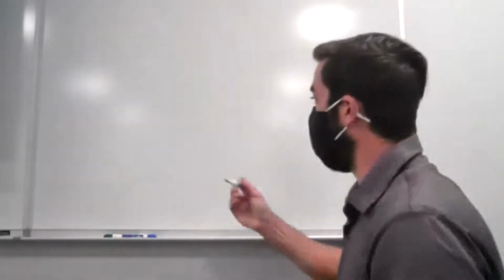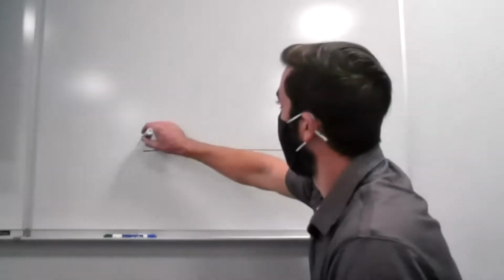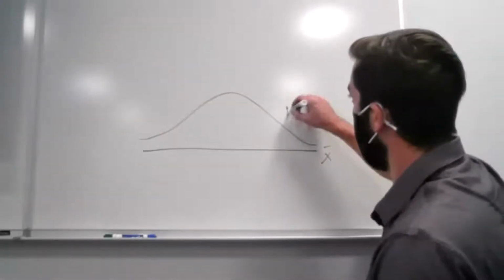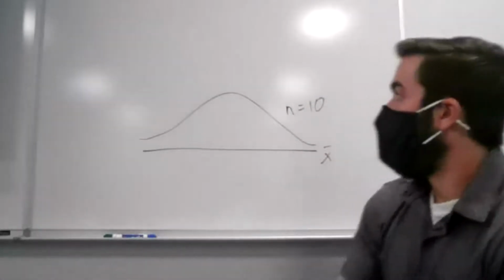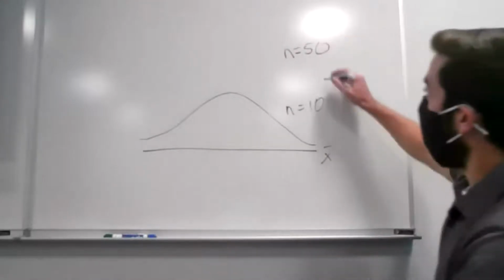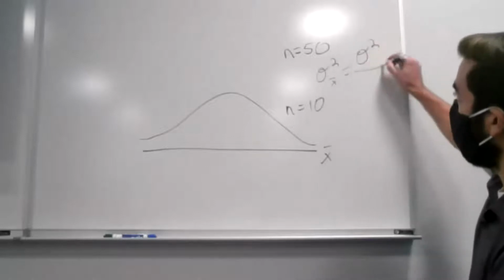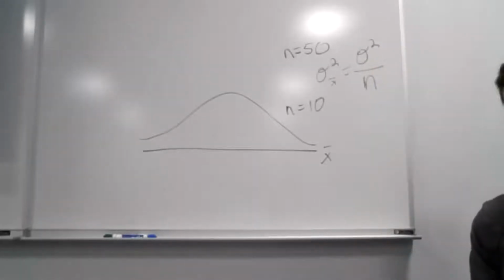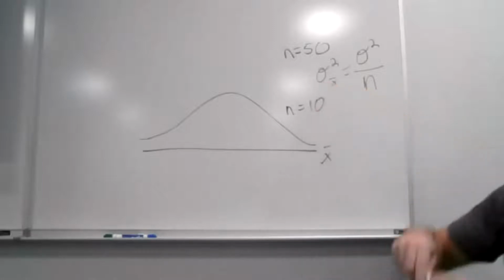Let's say I'm looking at a distribution of sample means. Let's say I take samples of size 10. If I take samples of size 50, because the variance of my sample means is the original variance of the data I sampled from over the sample size, a higher number is going to reduce the variance I see in the sample means.